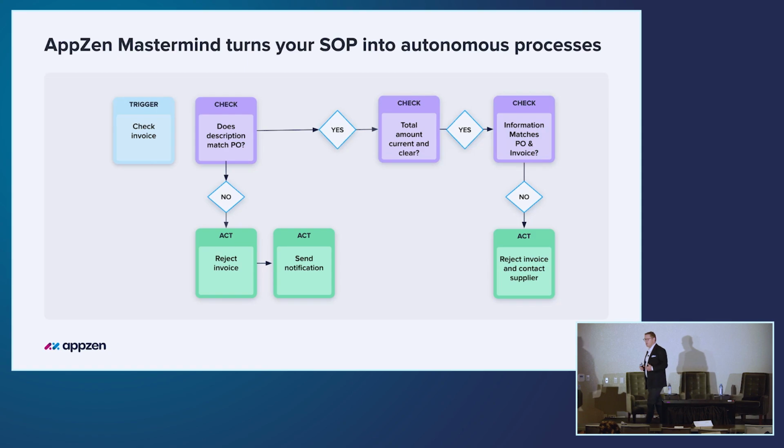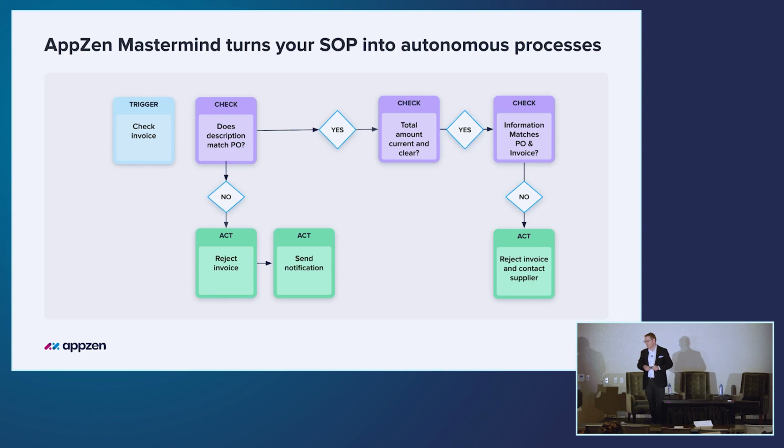And I think that's where certainly the audience in Frankfurt were really excited because, of course, AppZen's trying to take away a lot of the low-level, high-volume kind of work. So how do you then keep adding additional value to the business, right? A lot of our organizations, certainly in Frankfurt, were very excited about the ability for that level of configuration, right?